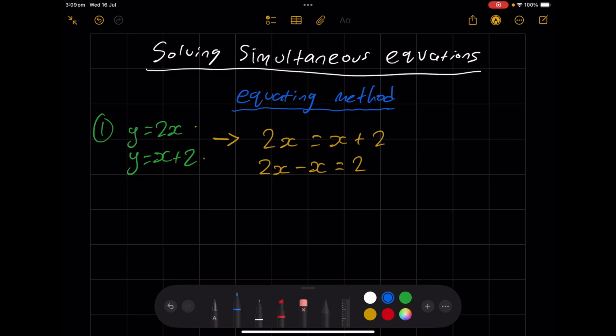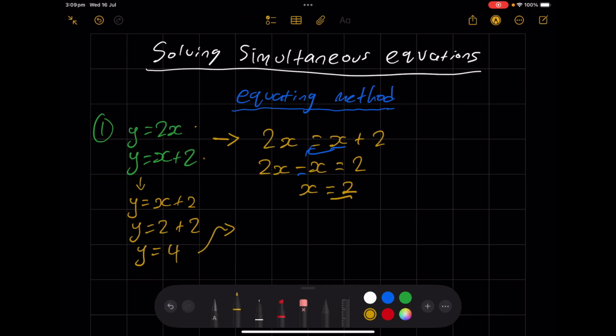So I'm going to move my x over and it becomes a negative x. And then 2x minus x is just 1x. We just have 1x there, so x equals 2. And then from there, to find our y, we come back to one of these equations. y equals x plus 2. If x equals 2, which we found out over here, then y equals 4.